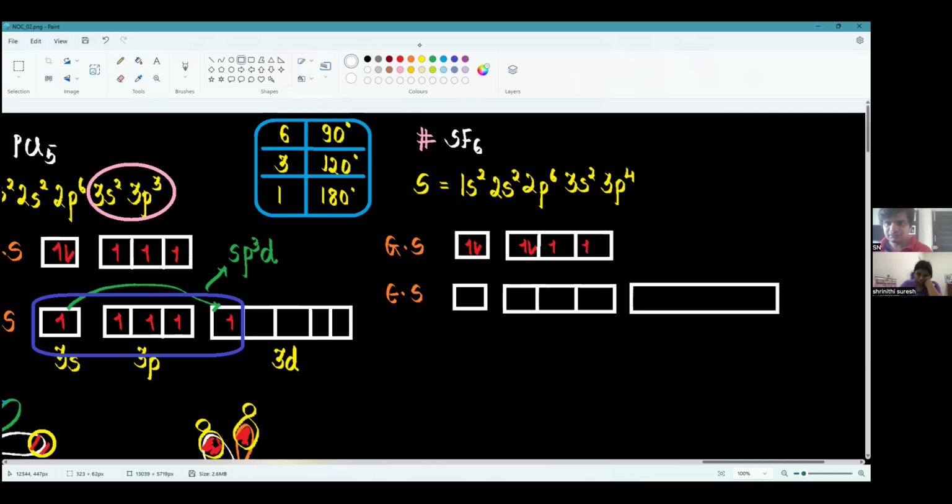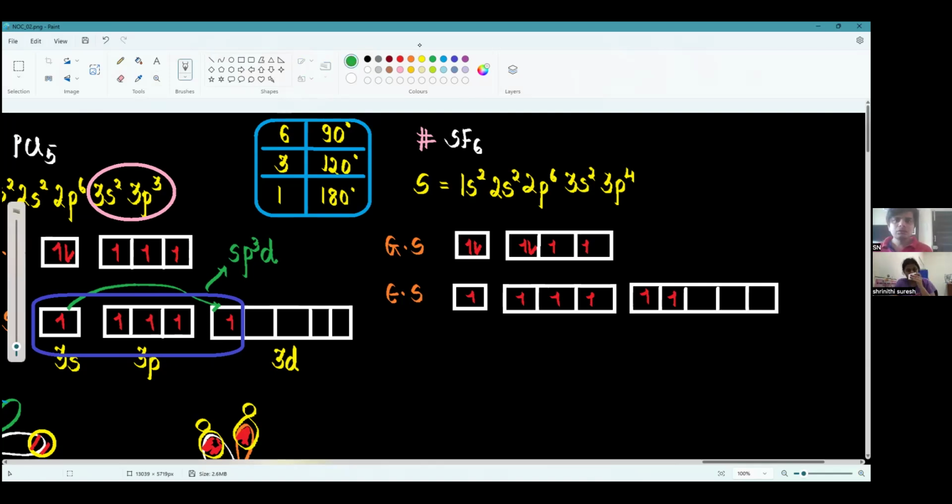So say this is our d subshell. How many orbitals does the d subshell have? 5. Very good. So how many electrons should migrate? Two, so that it will have six unpaired electrons.